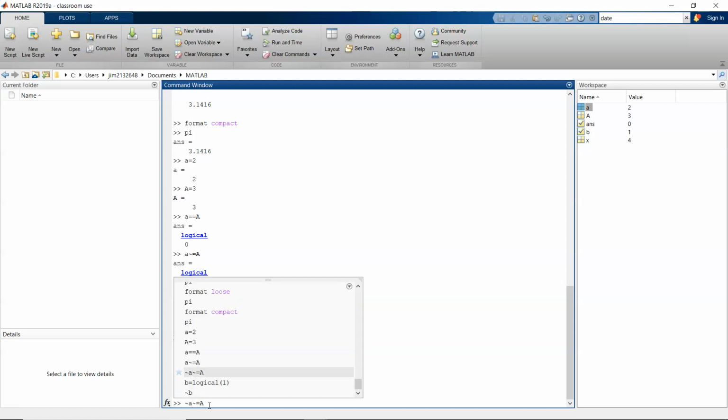Now I'm trying to negate this expression. I'm probably taking not little a. This probably has to do with order of evaluation. That's kind of important. I want to not this, a not equal to little a. That's true. If I negate it again, that's false.